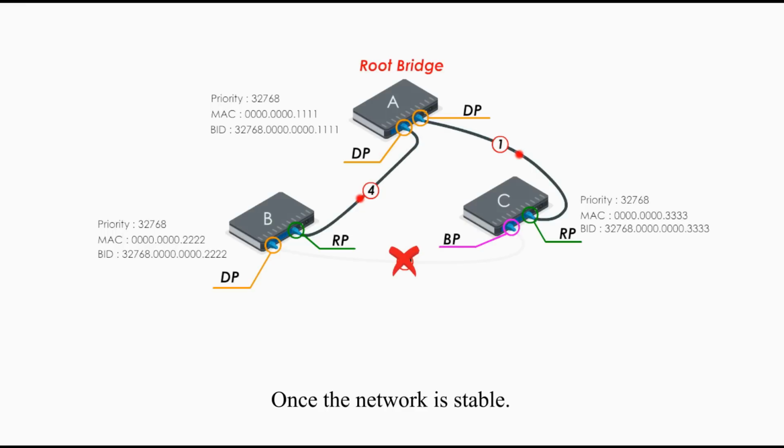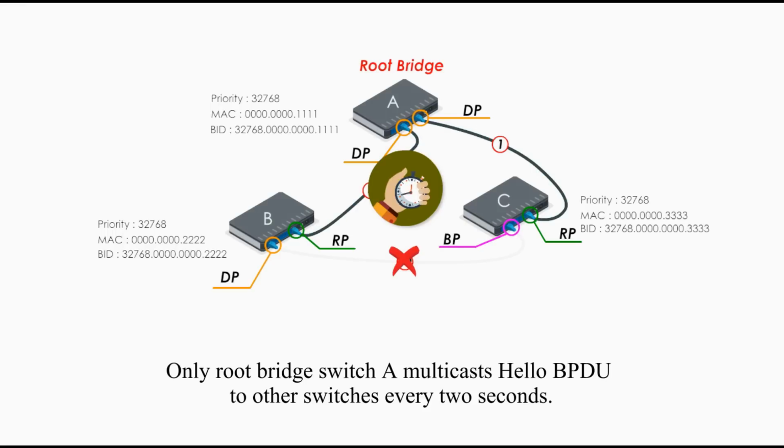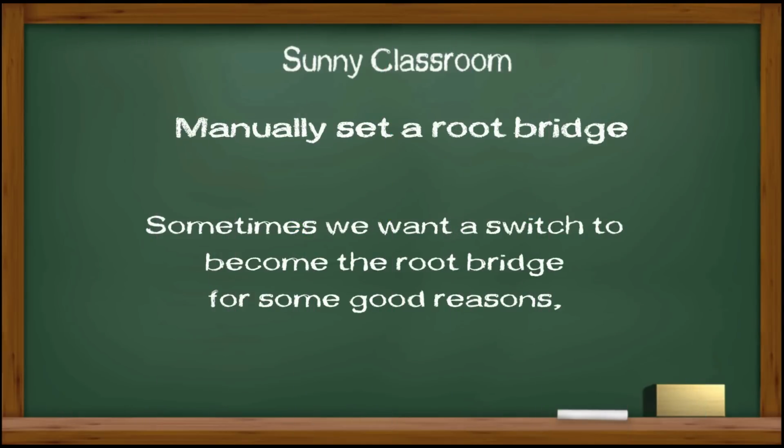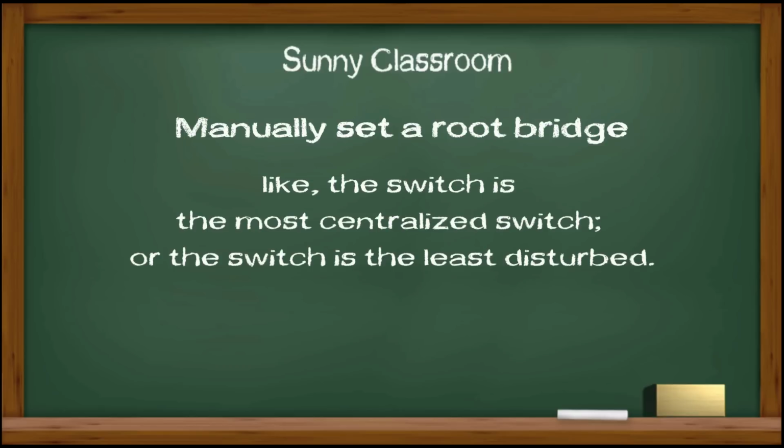Once the network is stable, only the root bridge, switch A, multicasts Hello BPDUs to other switches every 2 seconds. Sometimes we want a switch to become the root bridge for some good reasons, like the switch is the most centralized switch, or the switch is the least disturbed.